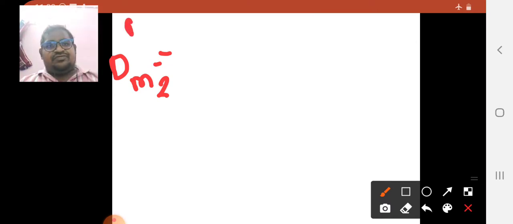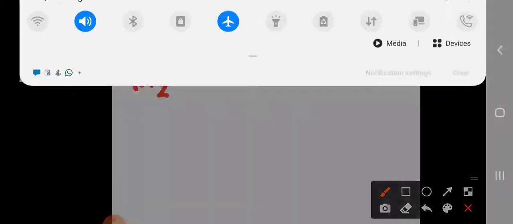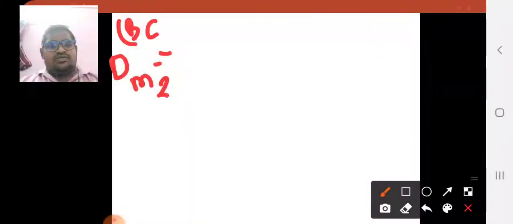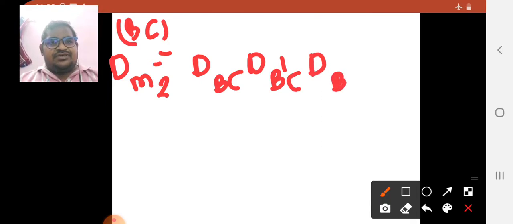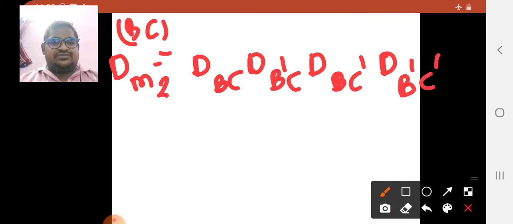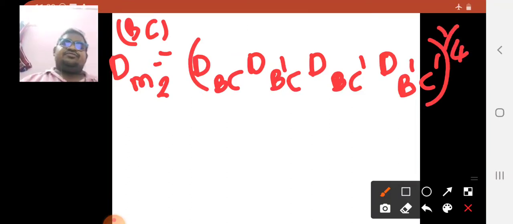This is the combination of BC: (DBC · DB'C · DBC' · DB'C')^(1/4).